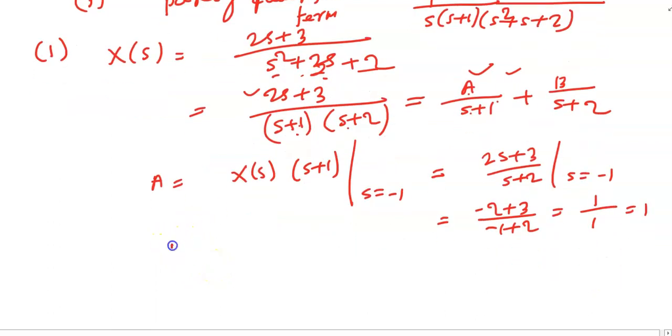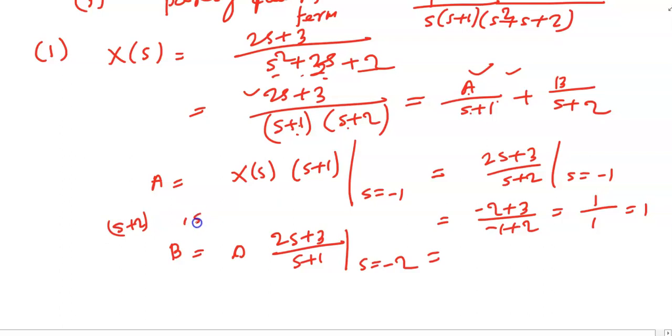In similar fashion, you can find B directly: write (2s plus 3), multiply (s plus 2) both sides, then evaluate that term with s equal to minus 2. Whatever you are multiplying, just ensure that the s value is evaluated in the term. Here I have multiplied (s plus 2), so I will evaluate at s plus 2 equal to 0, which implies s equal to minus 2.